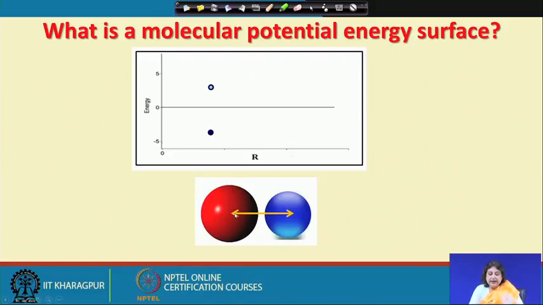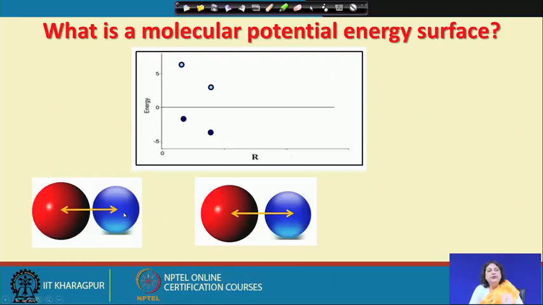As you understand, I can fix this relative separation of the two atoms at different values. For example, if I fix it at this value, which is smaller than before, then this is the corresponding value of R, and these are the corresponding values of the ground and the first excited electronic state of this molecule.